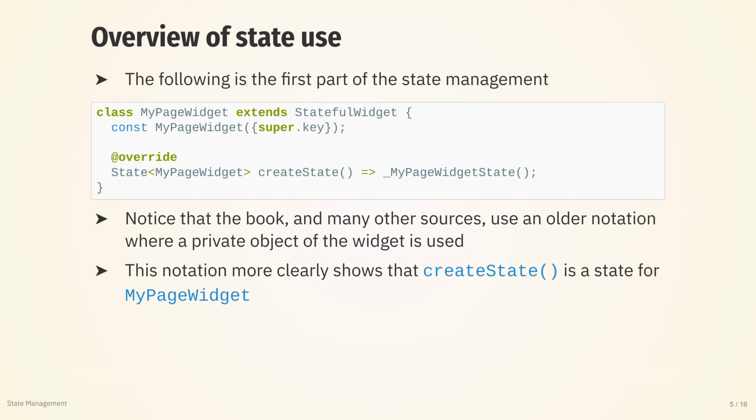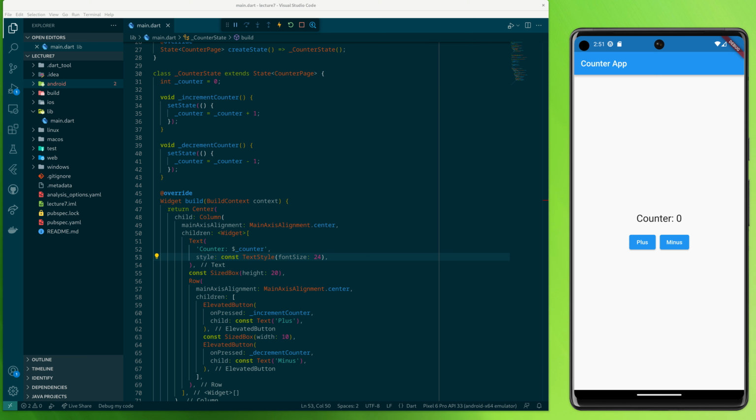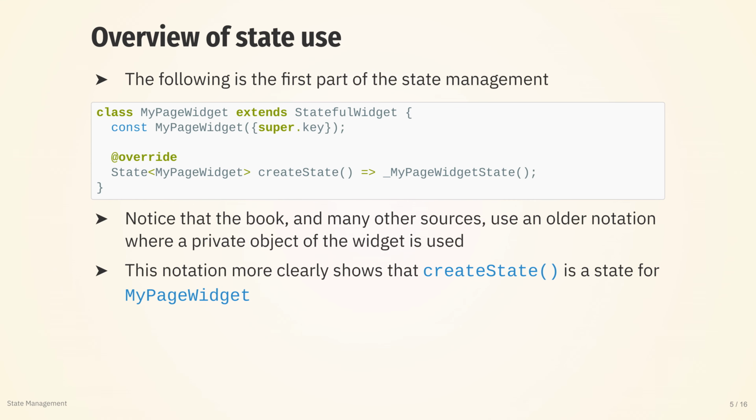The book and some other sources on the internet will use an older notation for doing this, but I advise you to just use this way of doing it, because this more clearly shows that we have a separation between state and the widget itself. And we'll see that in this example, but we'll wait just a second.